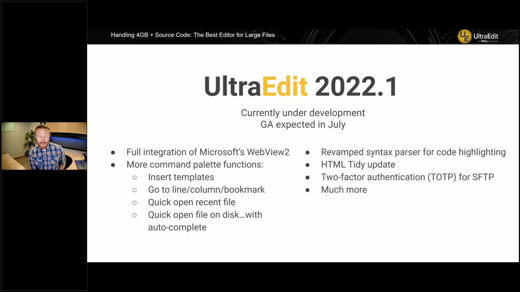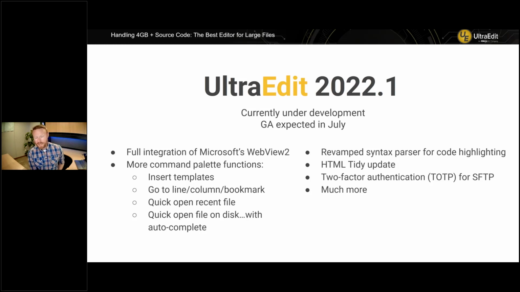I've got to tell you guys, that doesn't look like much, but I've been using some alpha builds of what we're doing here, and it is so nice to be able to just open the command palette, Control-Shift-P, and begin typing a file name that I know I opened a couple days ago, and I kind of remember the name of it. I begin typing it and then have it pulled up out of my history. It's just a game changer. Saves me a ton of time. I don't think I'll be using the recent files or the file open dialog much more after that.